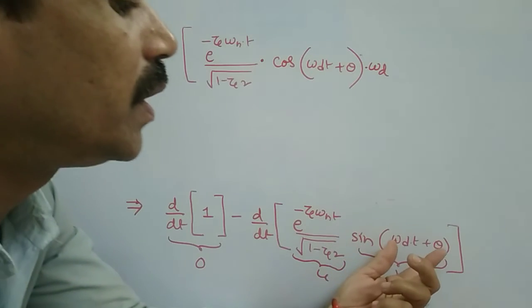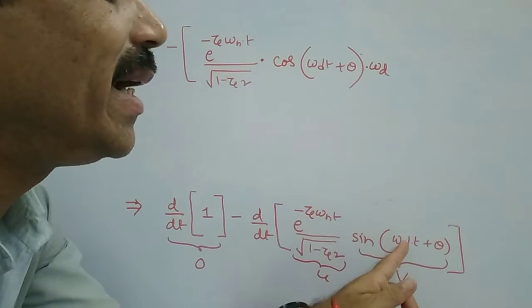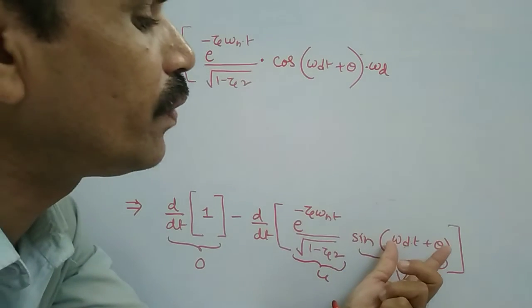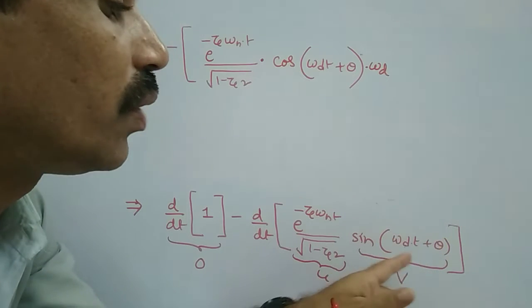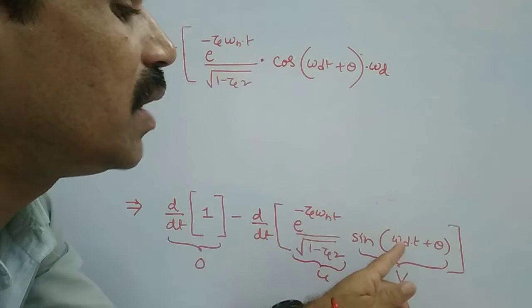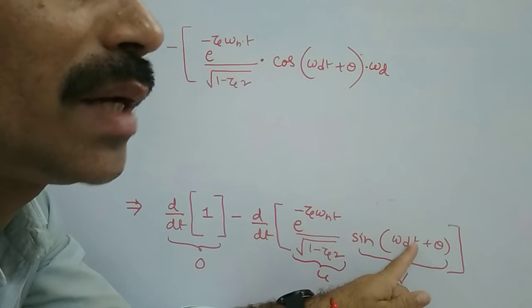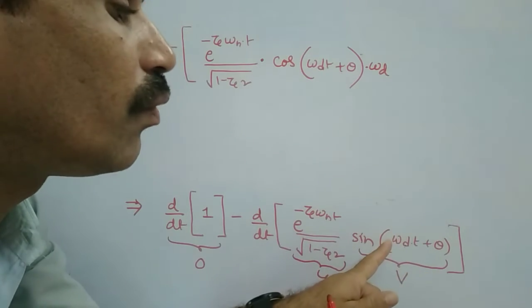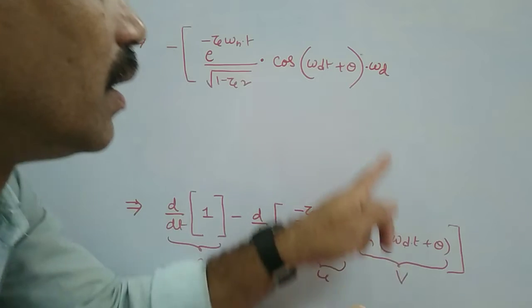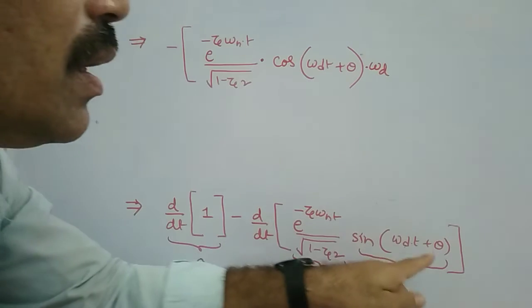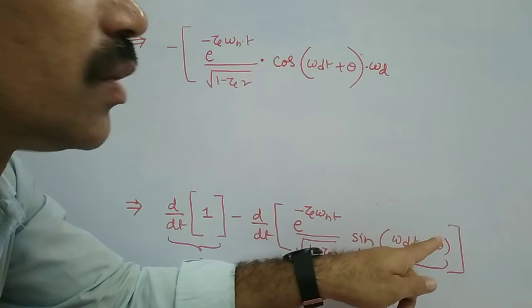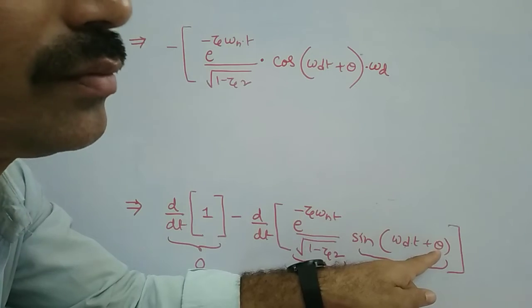Then within the bracket there is omega d times t plus theta, and you differentiate the bracket also. Since we differentiate with respect to t, d by dt of t is 1, so omega d remains as a constant, and theta is a constant, so its derivative is 0. Clear?